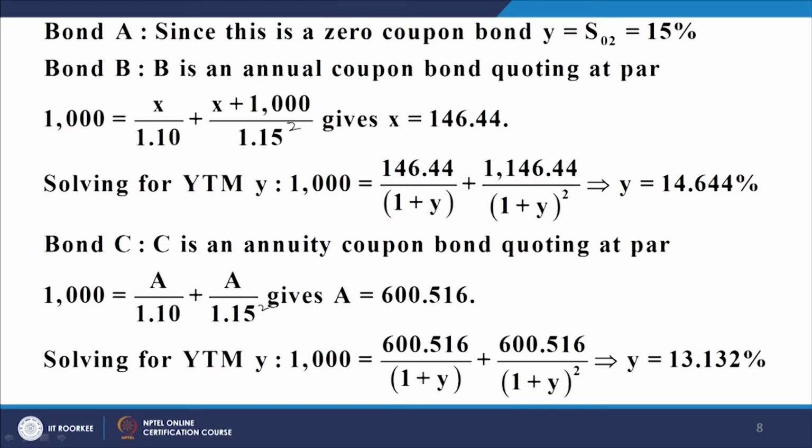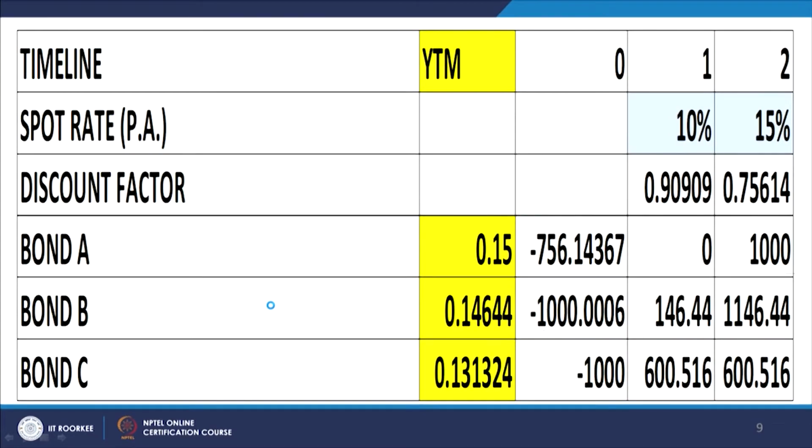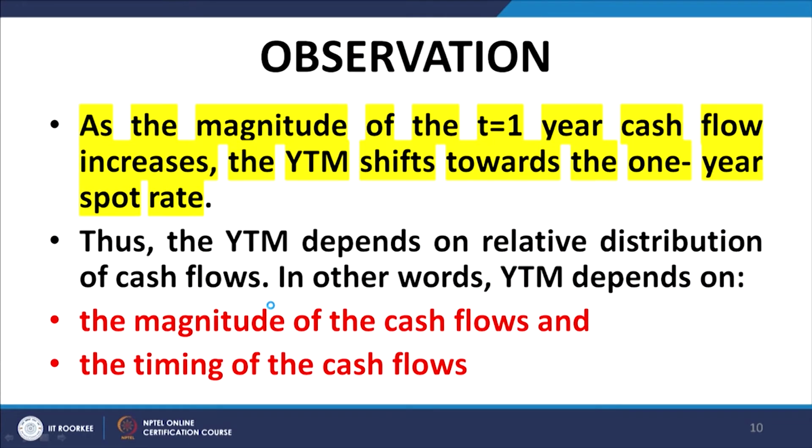Solving it for y as a quadratic, I get y is equal to 13.132%. This is the Excel working out of the same example, and we find here that the YTM of bond A, given in yellow highlighted figures, is 15%, of bond B is 14.644%, and of bond C is 13.1324%.